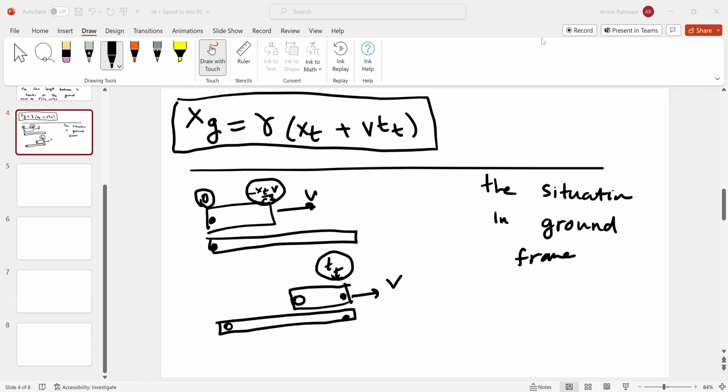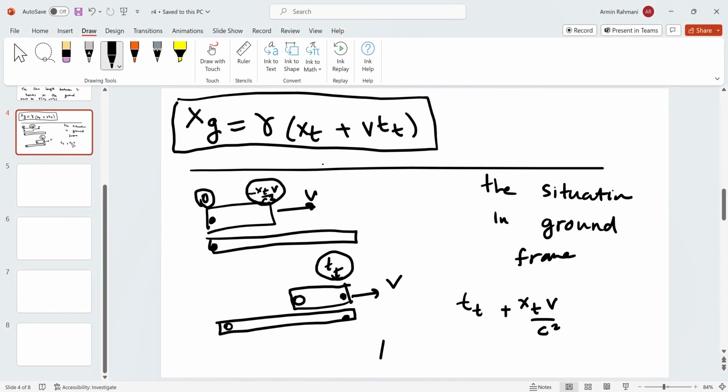So if this clock at this event reads minus xdv over c squared, and the same clock, that's the clock in the front, reads tt, time on that clock has advanced by tt plus xt v over c squared.